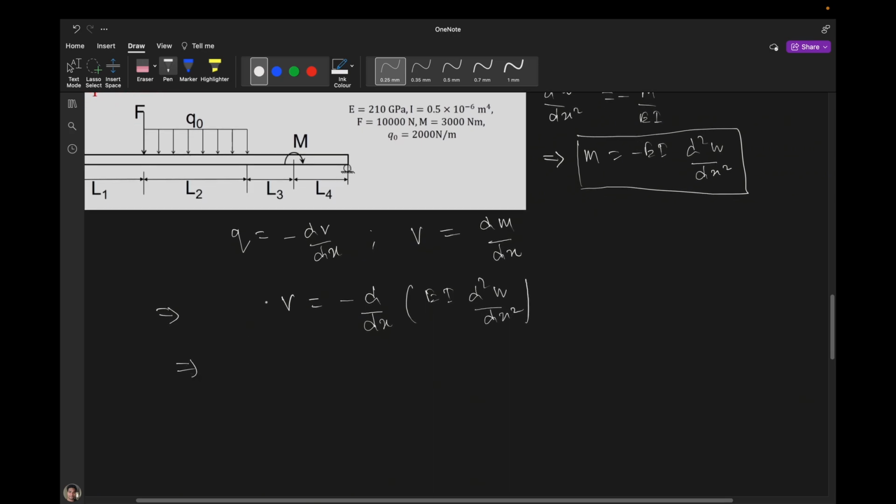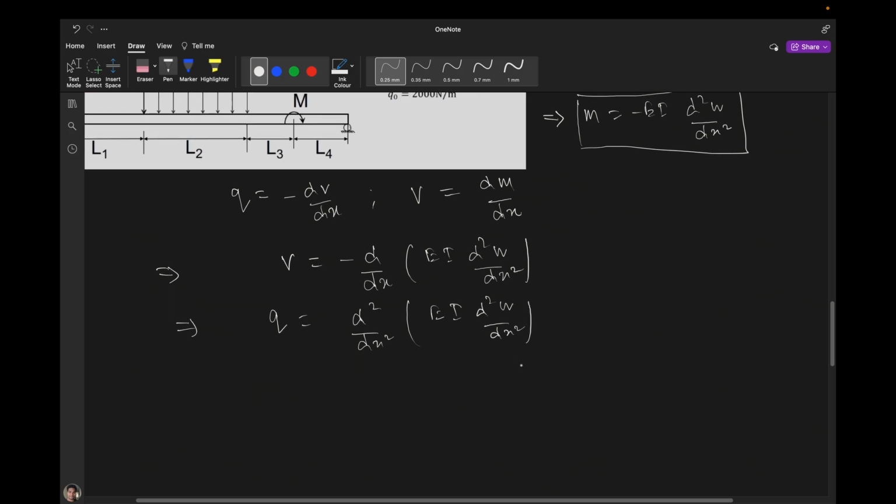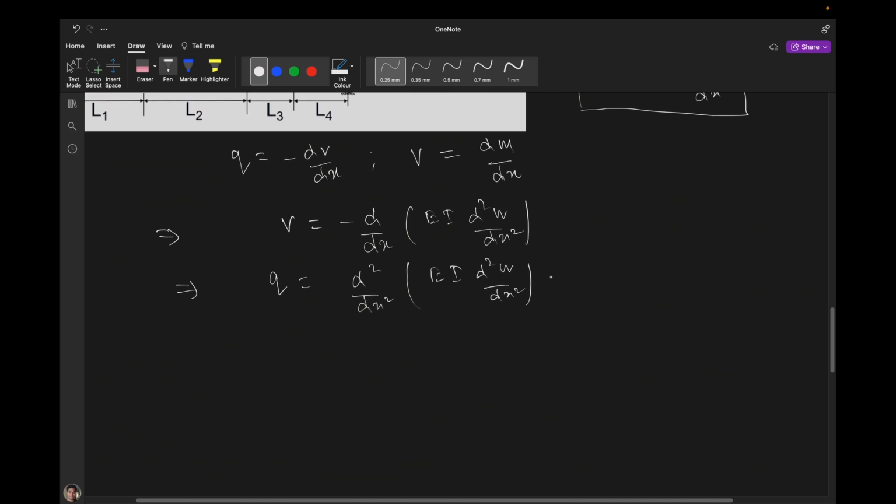To get q, we need to differentiate it again, so q equal to, and this minus term will get absorbed, d2 by dx square of EI d2w by dx square. So after rearranging, it becomes d2 by dx square of EI d2w by dx square minus q equal to 0.